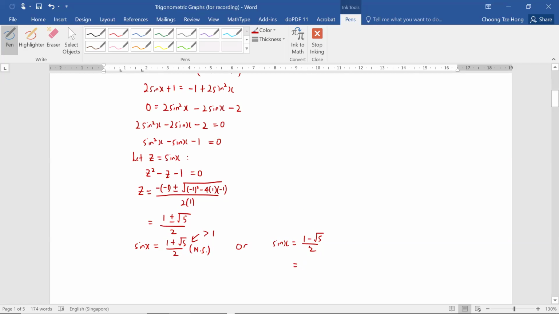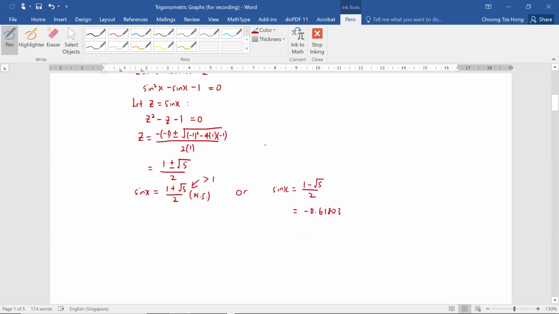If you compute using your calculator, you'll get negative 0.61803. So we're going to find the basic angle first. Let sine alpha equal 0.61803. So alpha will be 38.17 degrees.